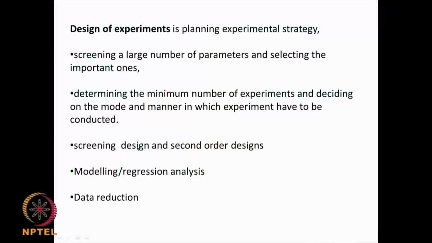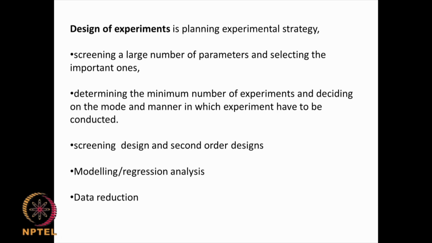You can have 20 variables, but then you cannot do detailed experiments, so you do minimum experiments, that is called screening design, and from this you eliminate some of those variables which you think are of no use. Then take maybe 3 or 4 which are very important, and then you do a detailed design where you do second order designs.